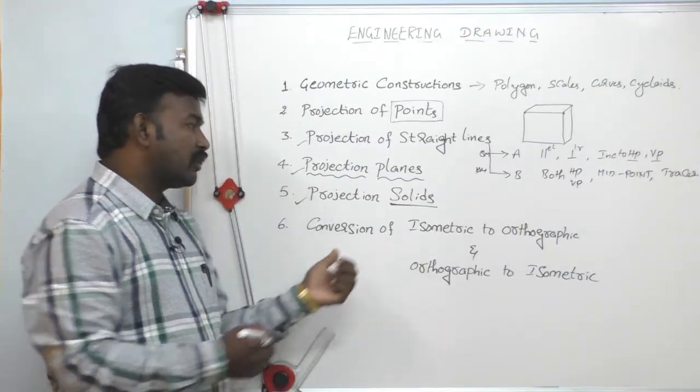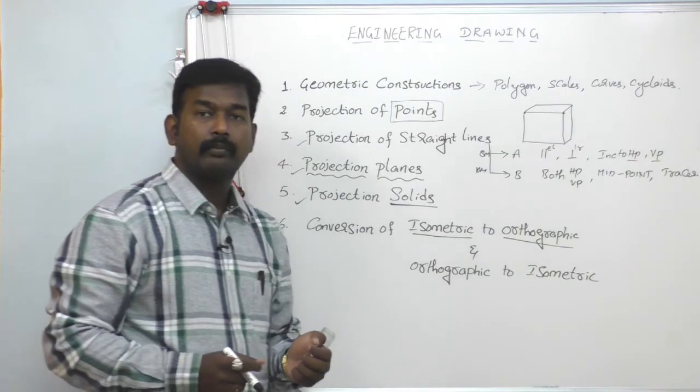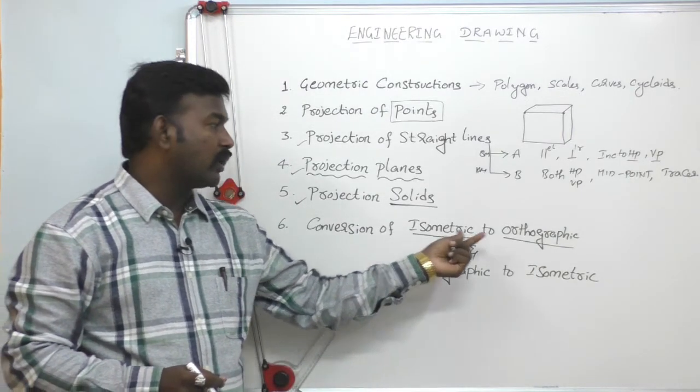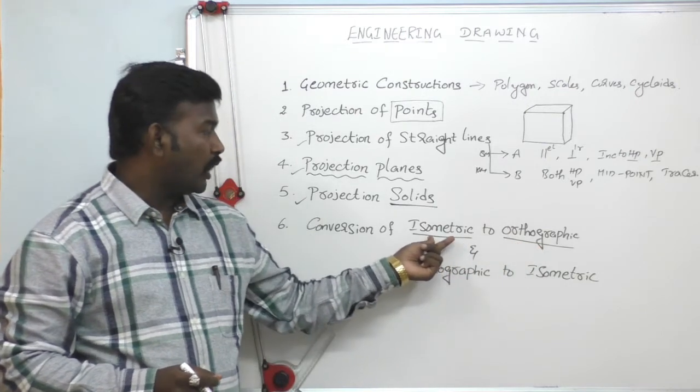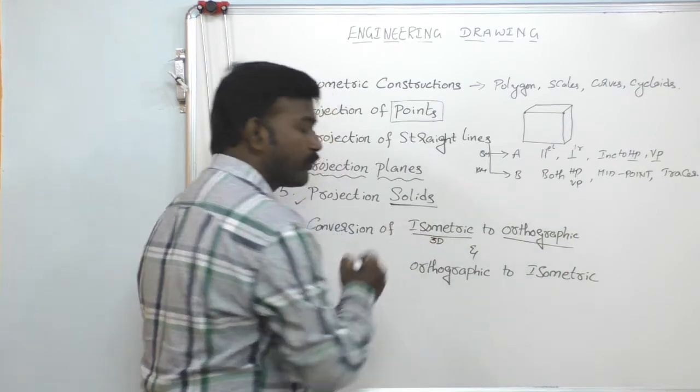Last one is conversion of isometric view to orthographic view or projection. What is meant by isometric and what is meant by orthographic? Isometric means it is a three-dimensional object.